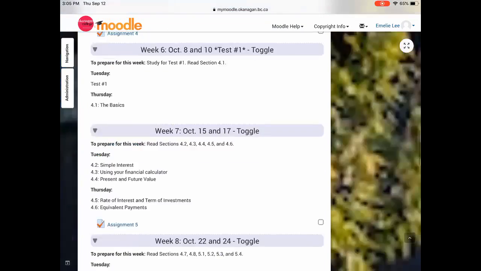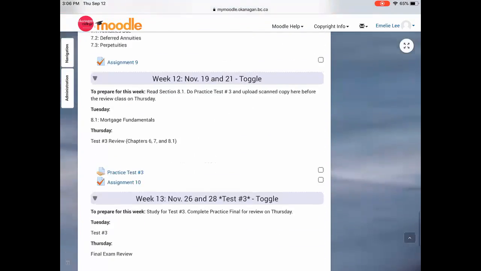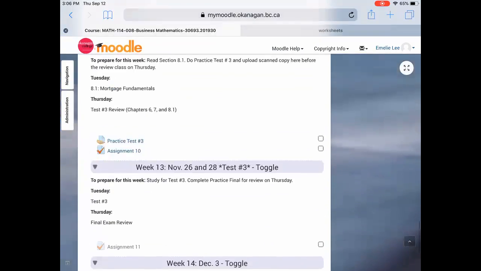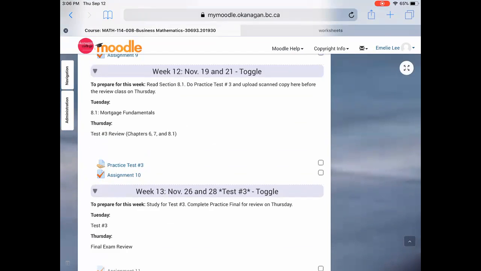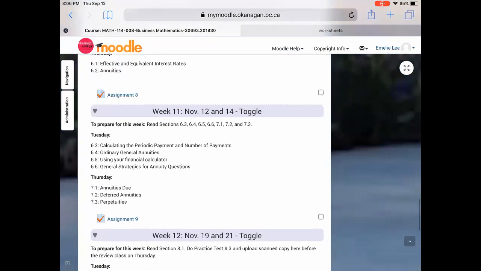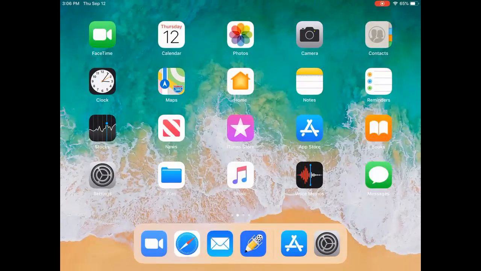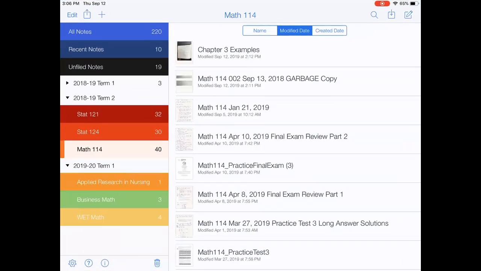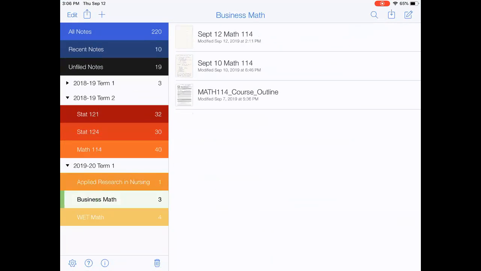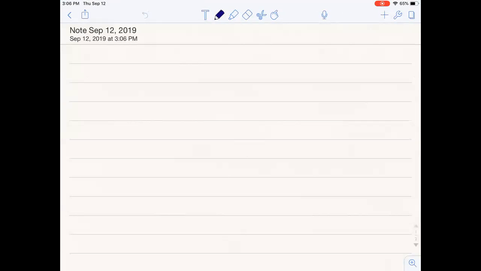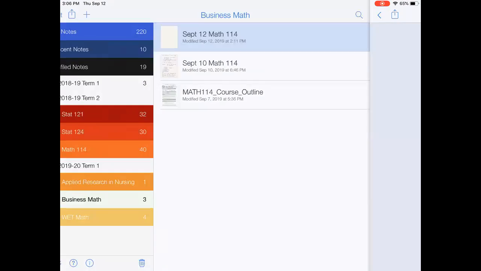How many assignments are there? There's 1 week with no assignment. There's 10 assignments total. Any questions about that? No? Tickety boo. No, business math.